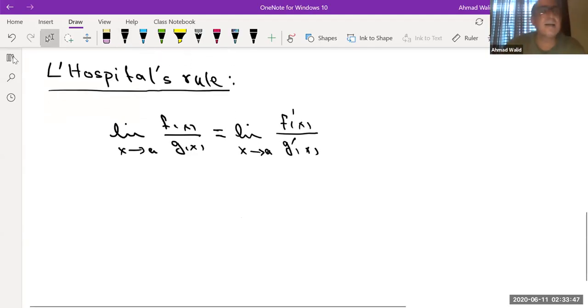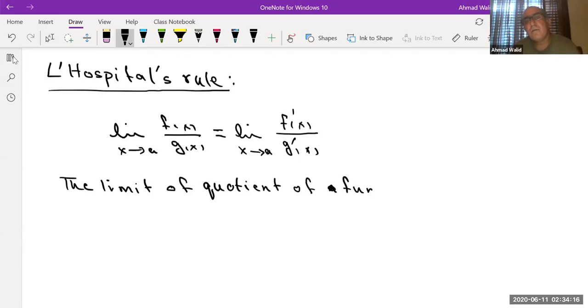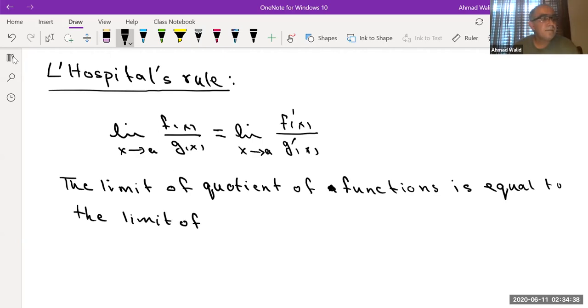If I write this mathematical notation in English, L'Hopital's rule says the limit of a quotient of functions is equal to the limit of the quotient of their derivatives.